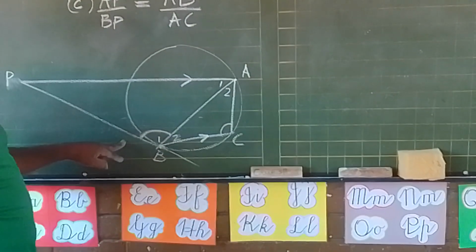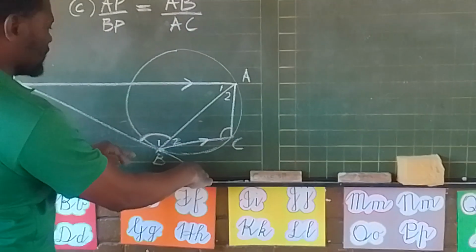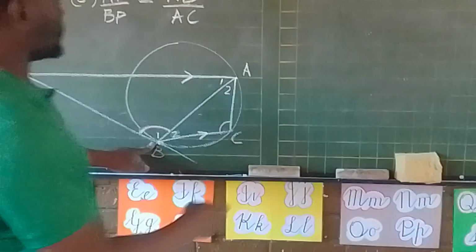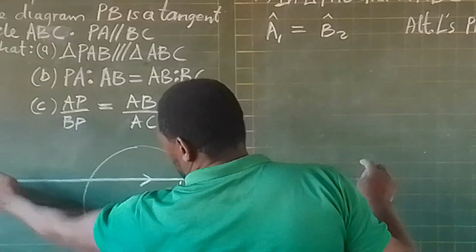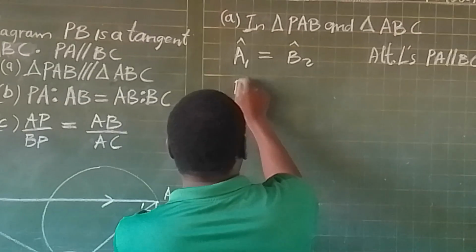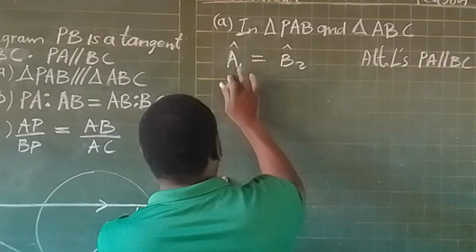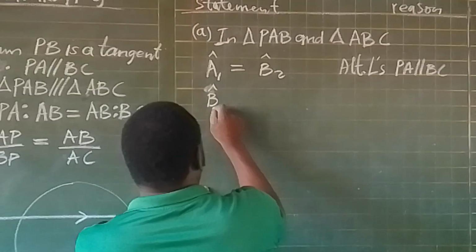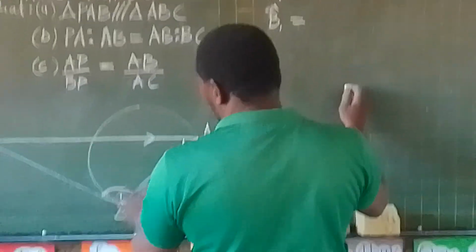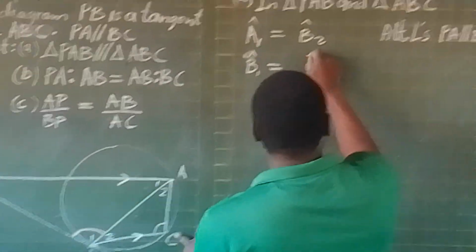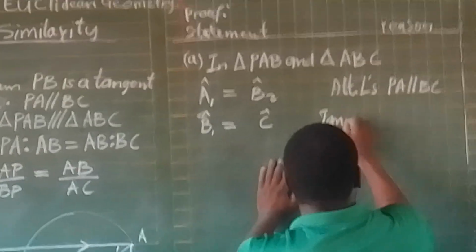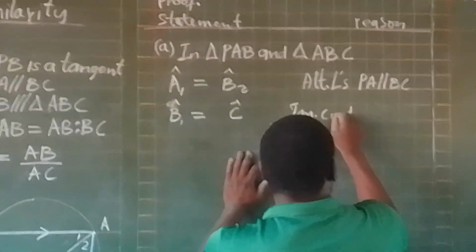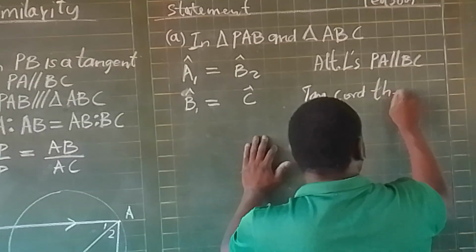It's the tan-chord theorem. So you say B1 in PAB, this B1 belongs to PAB, is equal to angle C. Reason: tan-chord theorem.